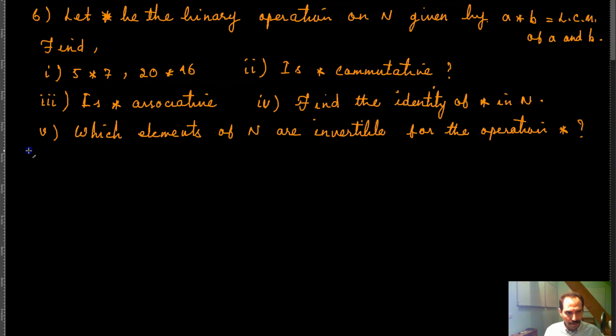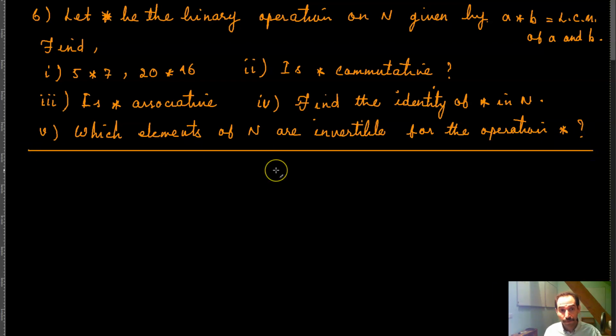So we have quite a couple of questions here, so we will go through them one by one. Basically, question number 6 is: let star be the binary operation on N given by a star b is equal to LCM of a and b. Now I'll tell you what LCM is. Most probably you know it already.